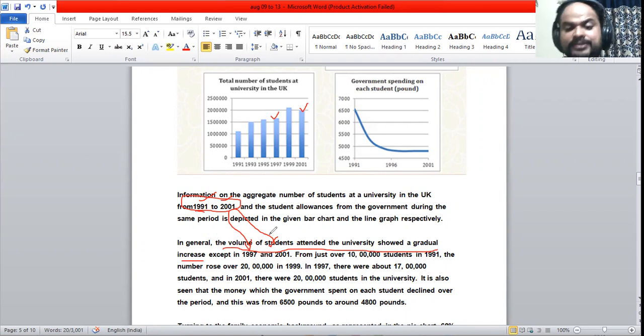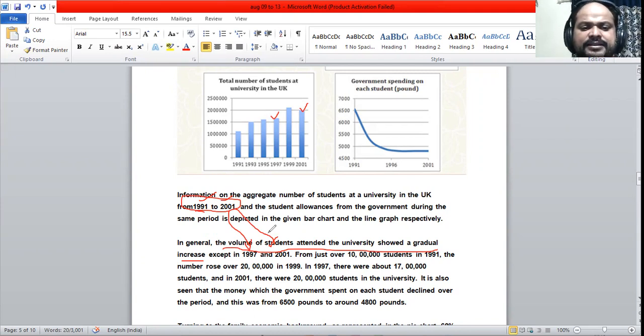The increase was going on from 1991 up to 1995. Then in 1997 we have a stagnation there.